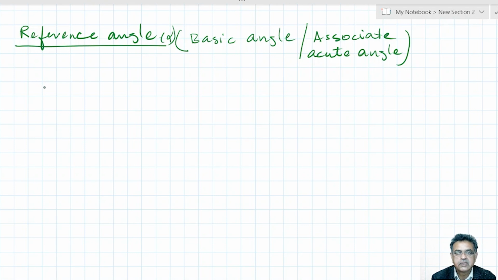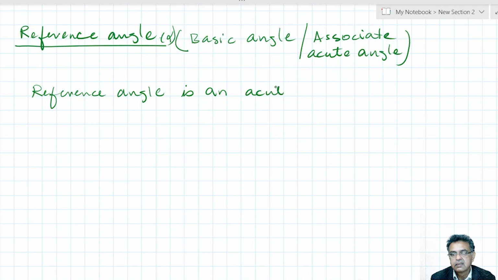So how we can define reference angle? So reference angle is always an acute angle with the nearest x-axis.